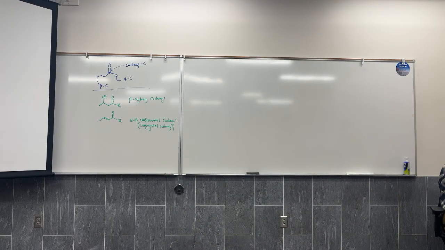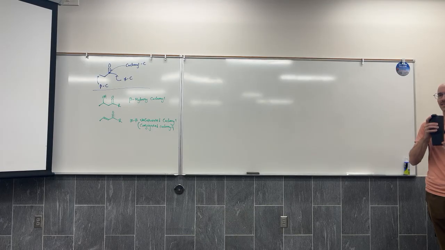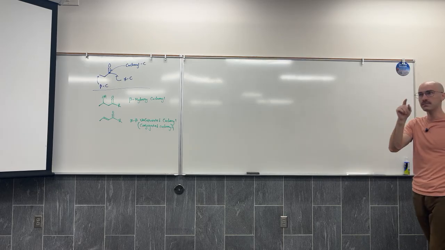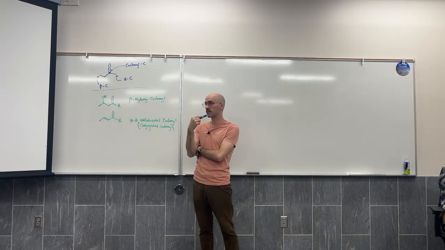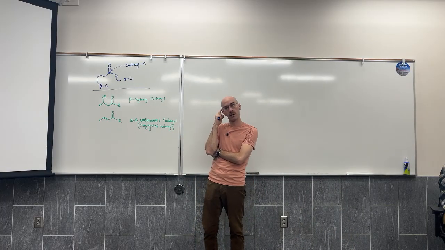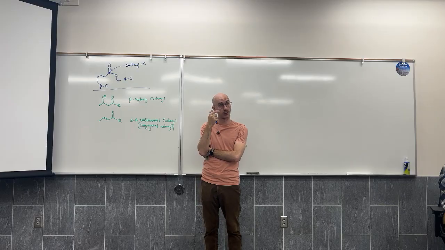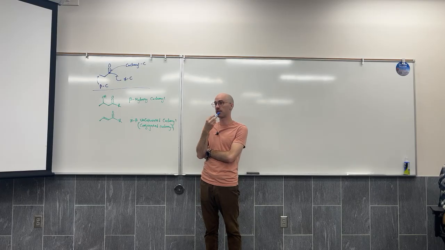Alpha-beta unsaturated. Why would we call it that? It's not even as much about the hydrogens as it is about the double bond. We know that pi bonds are degrees of unsaturation.